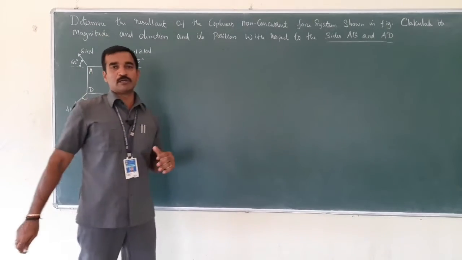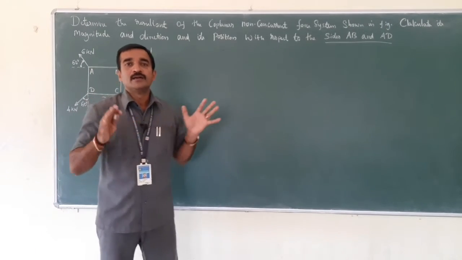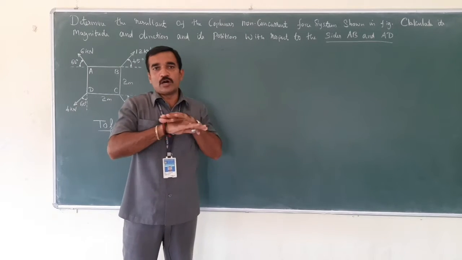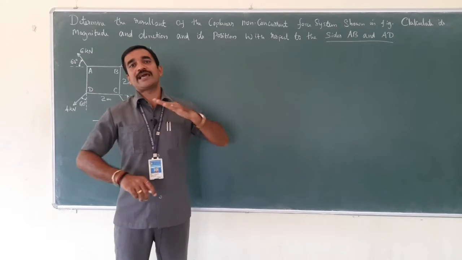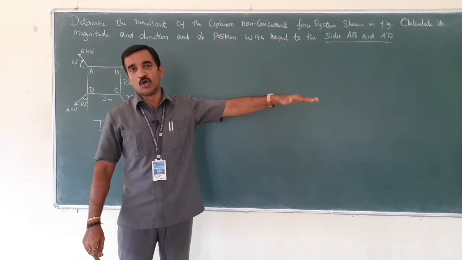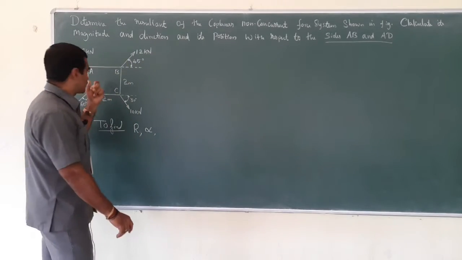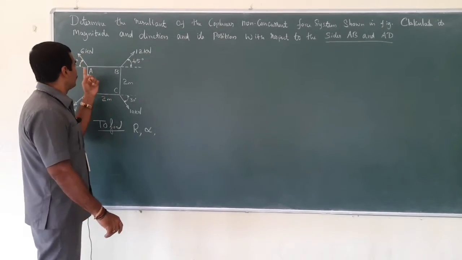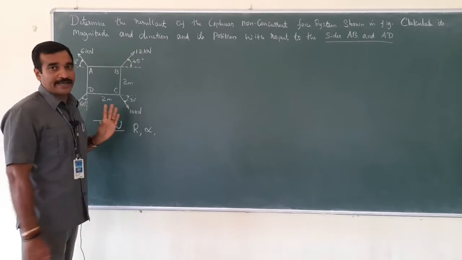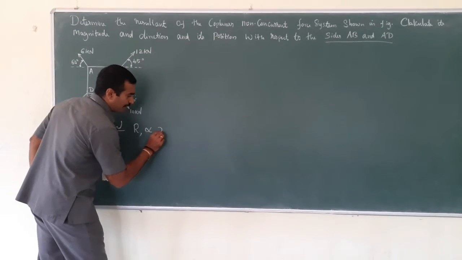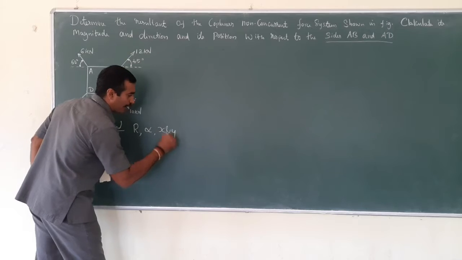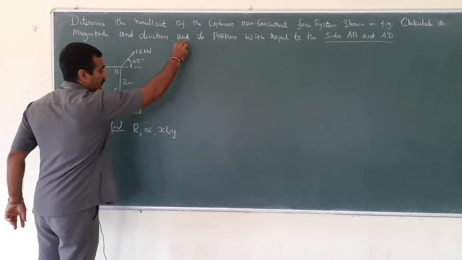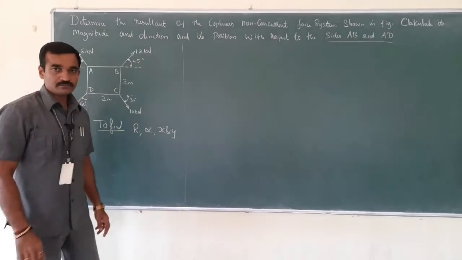See, in the previous problem, the rigid body was just a rod which has only x direction alone. When you see this object which has x direction as well as y direction, the position could be x and y, okay, fine.